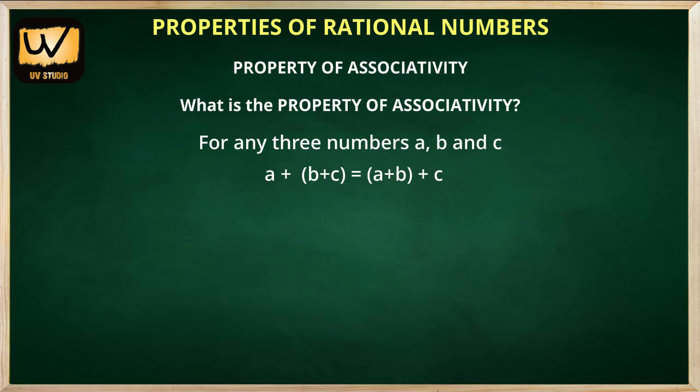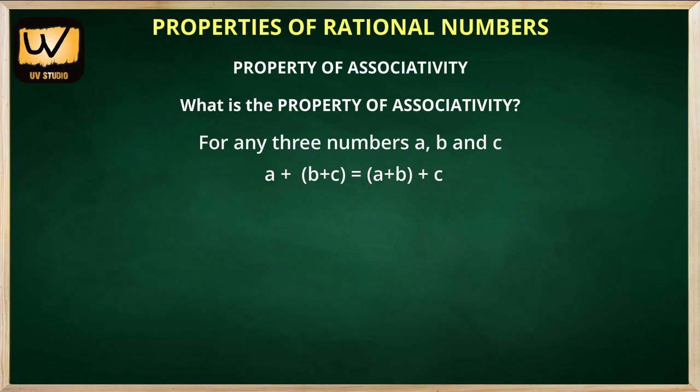A plus into brackets B plus C means you are taking the addition of B and C, and to that addition you are adding A. And that is equal to addition of A plus B in brackets, and to that addition of A plus B, you are adding C. I'll repeat. On the left side, it's addition of B and C, you add A. On the right side, it is addition of A and B, you add C.